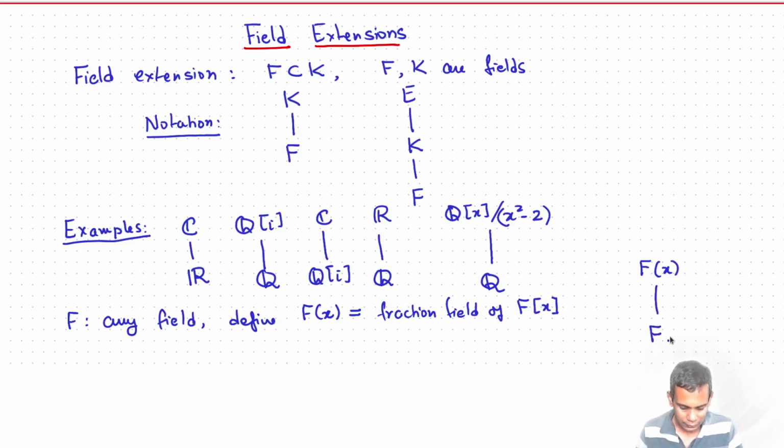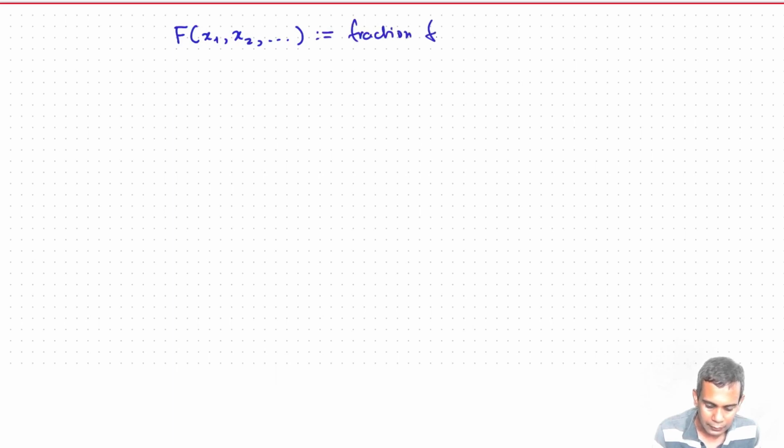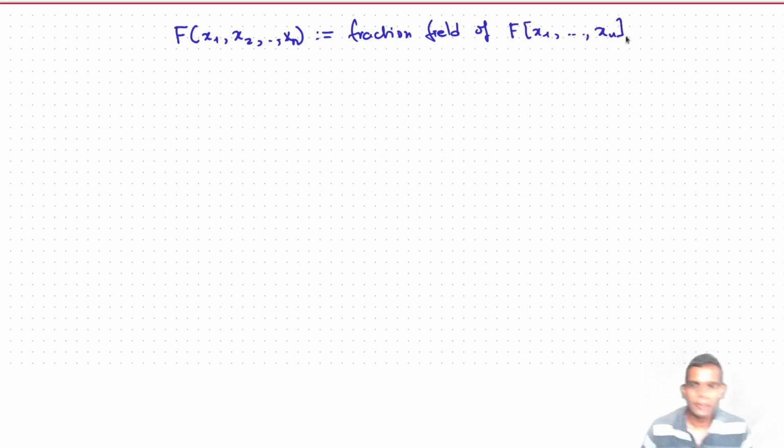More generally, we can talk about multivariable fraction fields. So for example, you can talk about F(x1, x2, and so on), and this is defined as the fraction field of, well, maybe we have n variables here, of the polynomial ring in n variables. So now you can see some interesting structure.